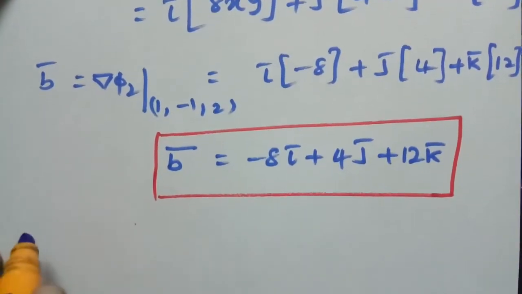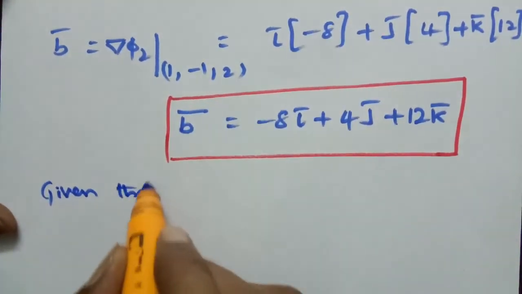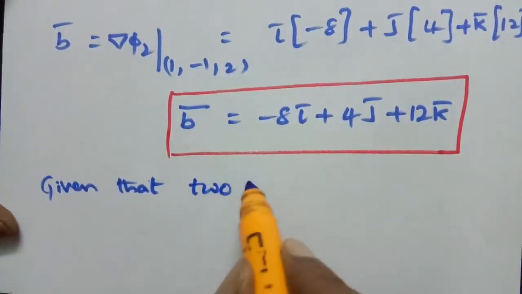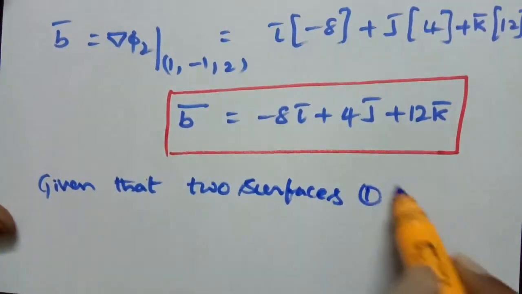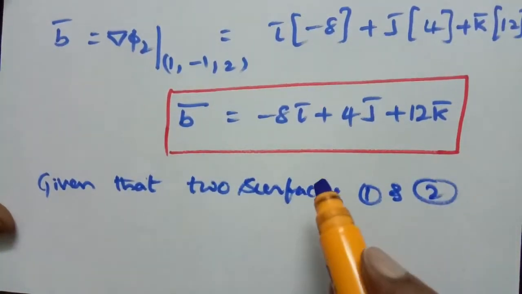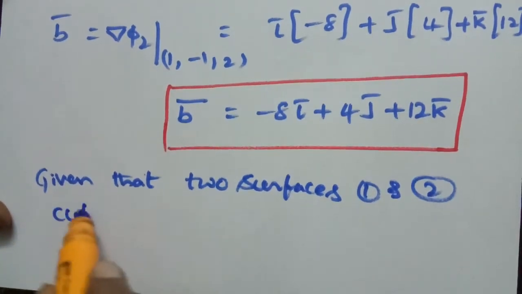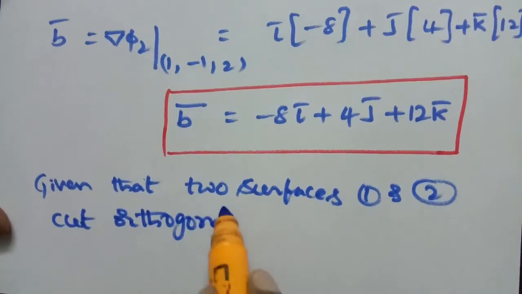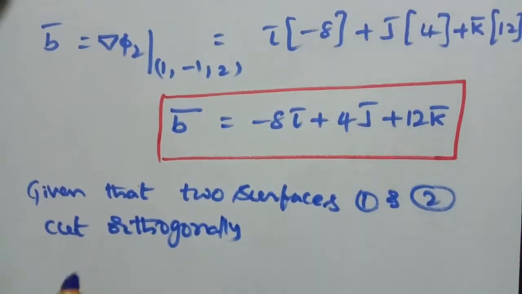Given that the two surfaces 1 and 2 cut orthogonally, that means the two surfaces 1 and 2 are orthogonal.